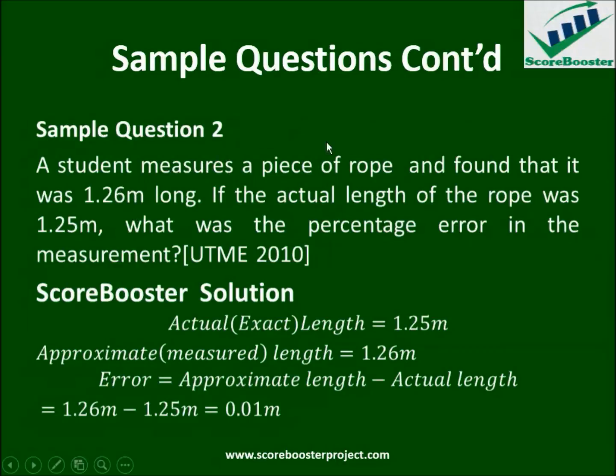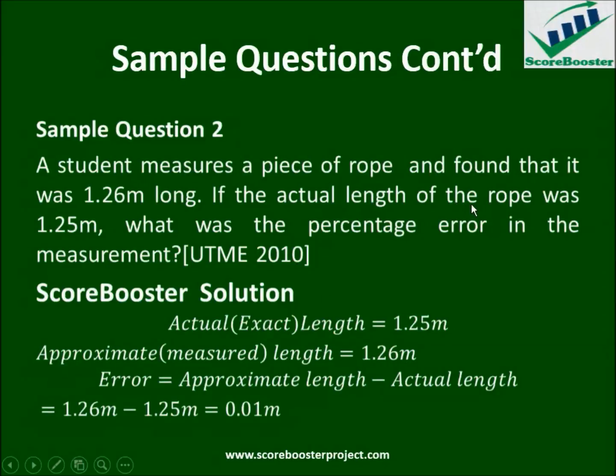A student measures a piece of rope and found that it was 1.26 meters long. By measuring with an equipment which has its error associated with it, or which has a level of precision, he arrived at the length of the piece of rope to be 1.26 meters, which means the approximate value of the length is 1.26 meters.